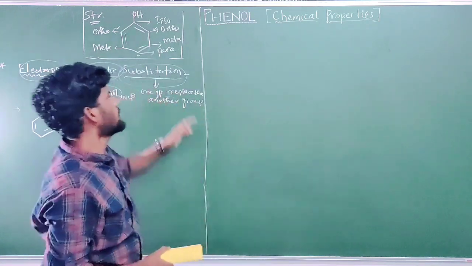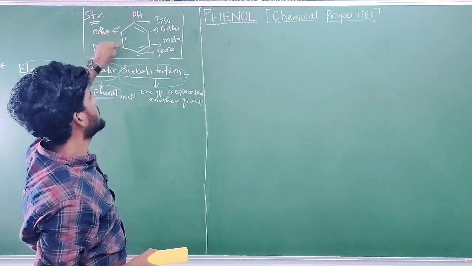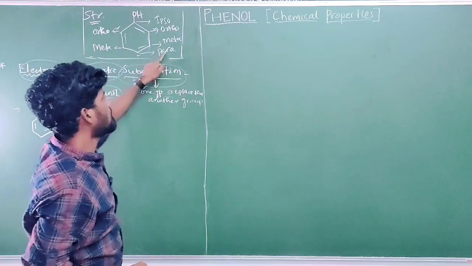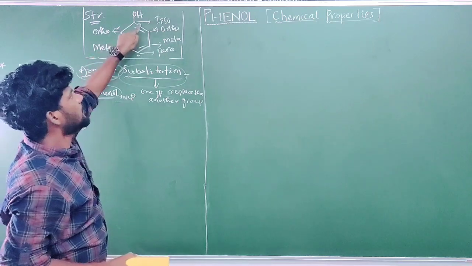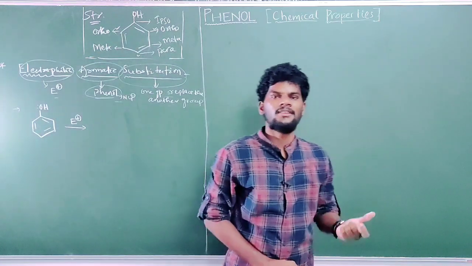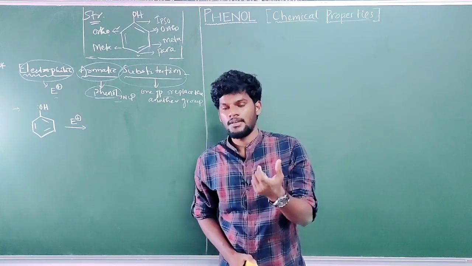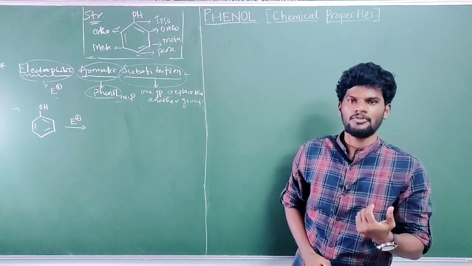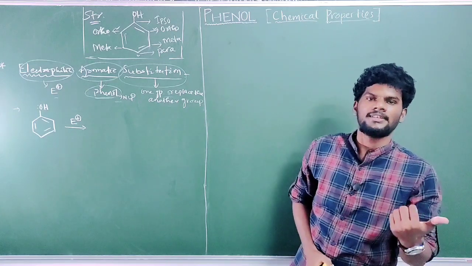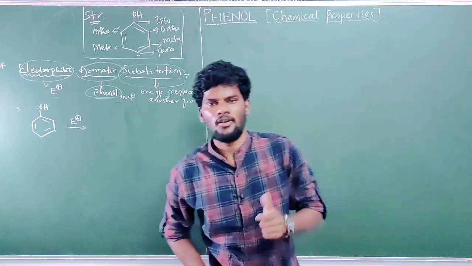In these three positions the phenol ring has increased electron density. The OH group, through resonance, increases the electron density at the ortho and para positions only, not at the meta positions. Increased electron density means negative charge formation at the ortho and para positions, creating nucleophilic centers there, not at the meta position.